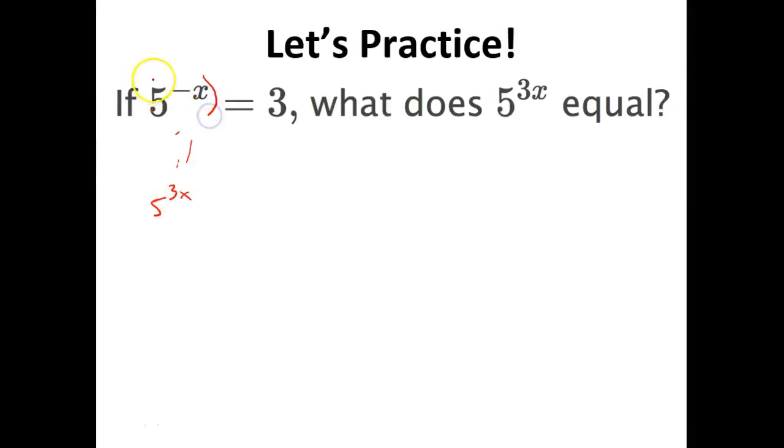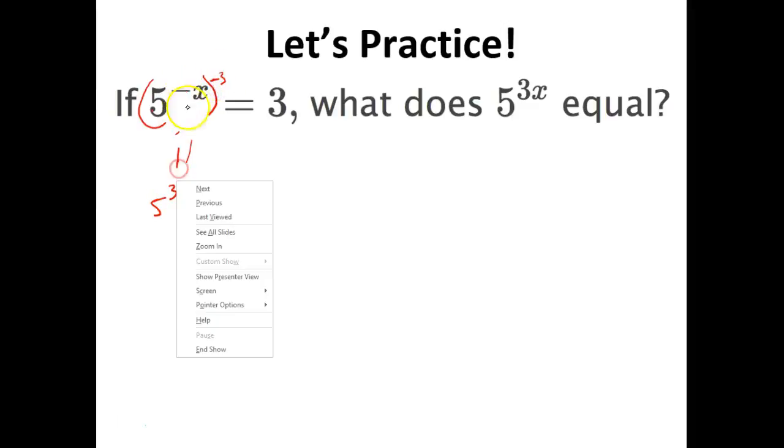We would have to raise this here, because when they have a power raised to a power, they get multiplied. So a negative times a negative would give us a positive, and then negative 1 times a negative 3 is a positive 3. We would have to raise this here to negative 3.